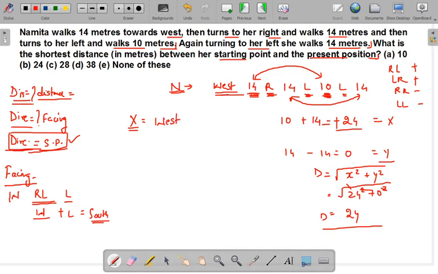So direction of x is west. And the final value of x is positive 24. If the value of x is positive, then this west will be changed to east. It will be opposite.